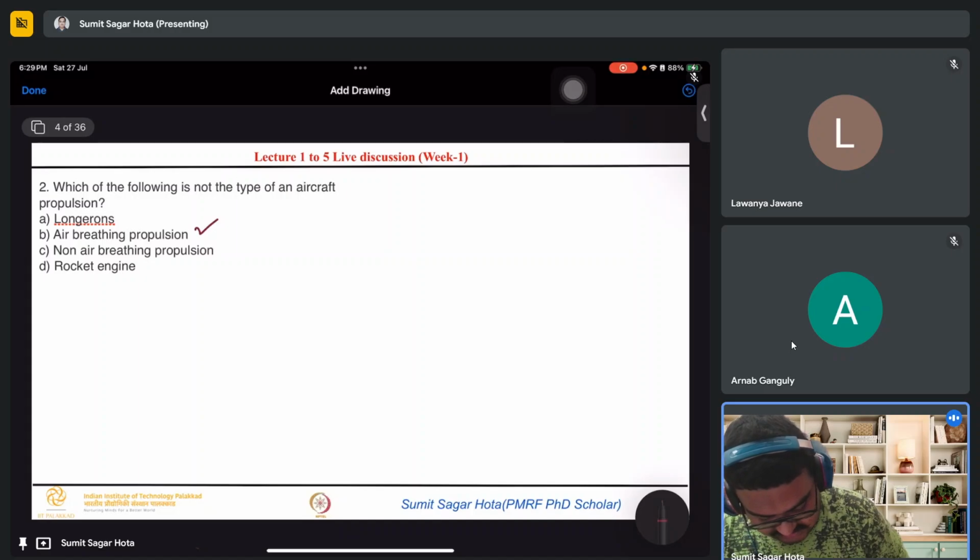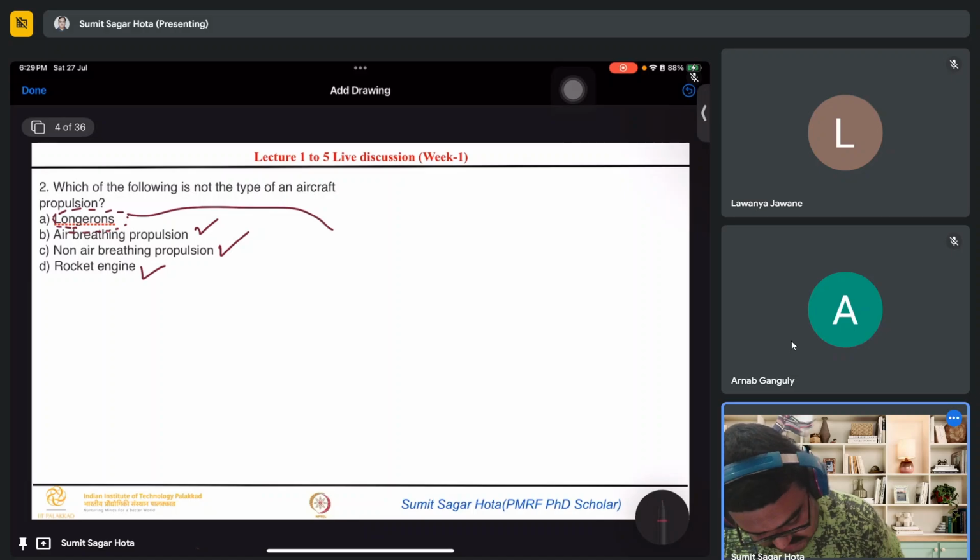Non-airbreathing systems are also used nowadays, especially in space where there is no air. Rocket engines use both. But this longeron is not an aircraft propulsion system. So what is this? Let's find out.